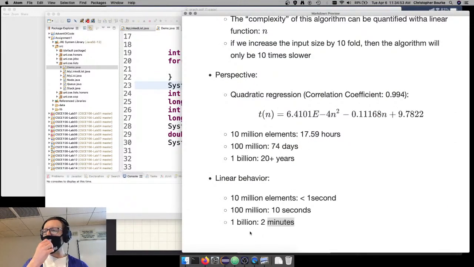But anyway, these numbers are about accurate, or at least the takeaway here is that their growth rate is accurate, right? If you've got a quadratic algorithm here, then no, you're resigning yourself to 20 plus years of computation time. Versus linear behavior, oh wow, that's way better.